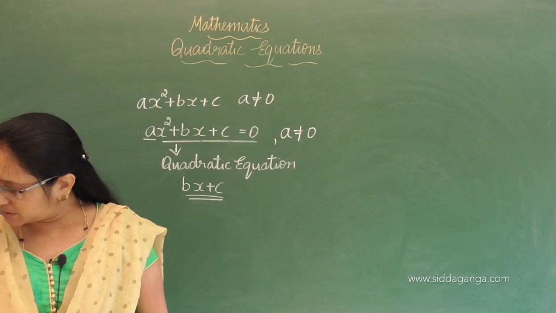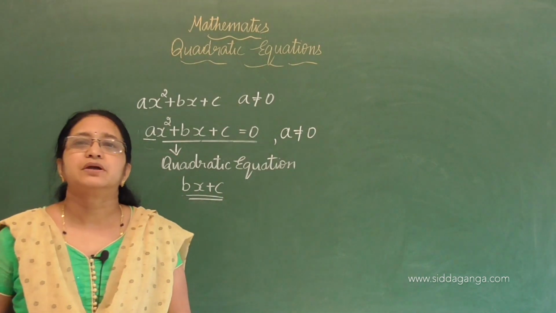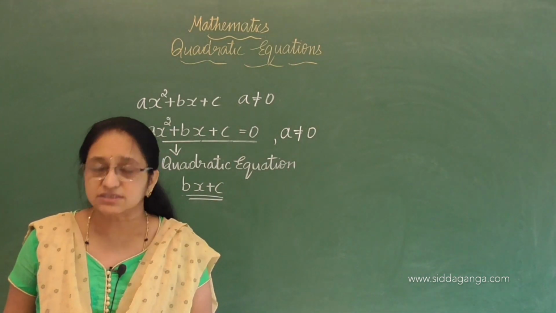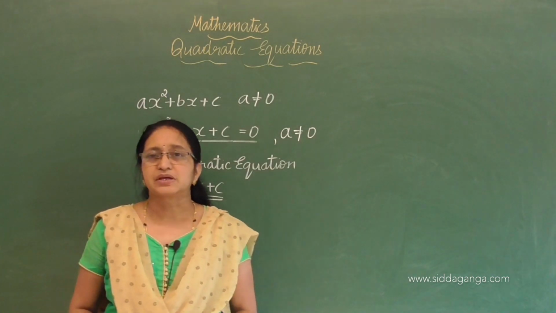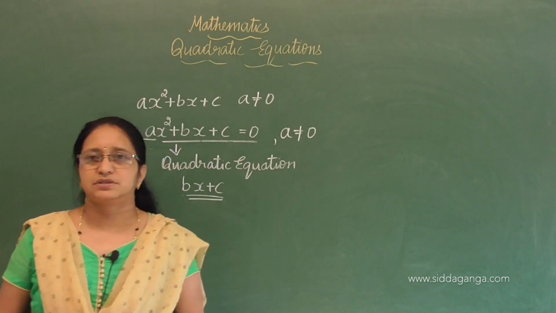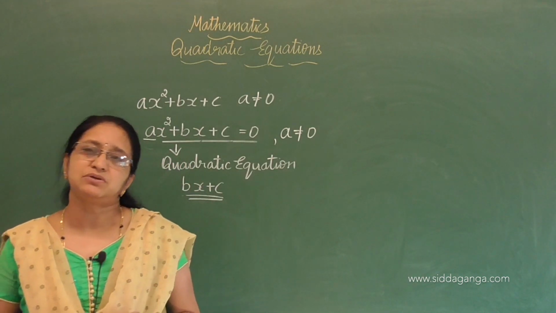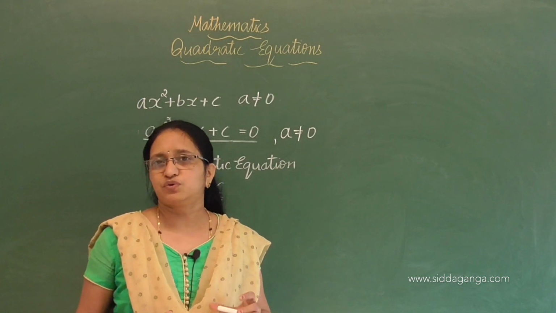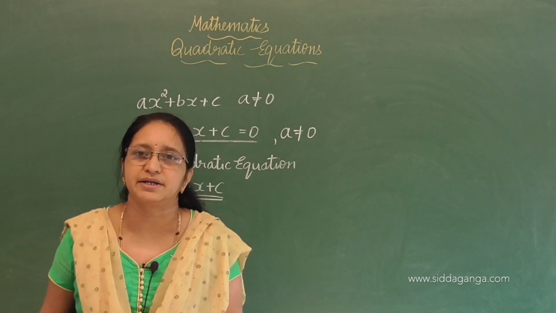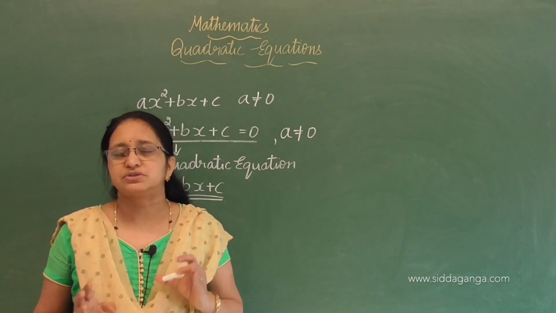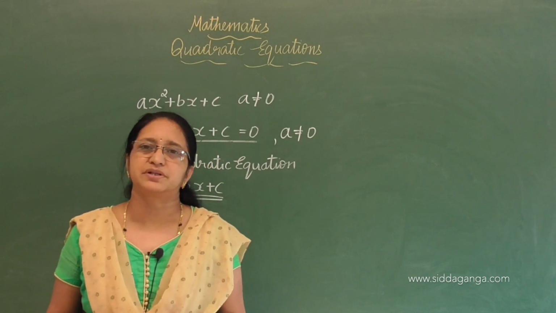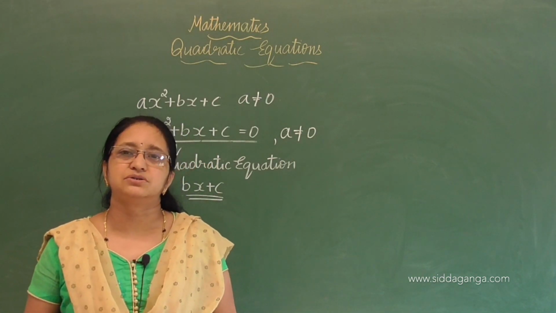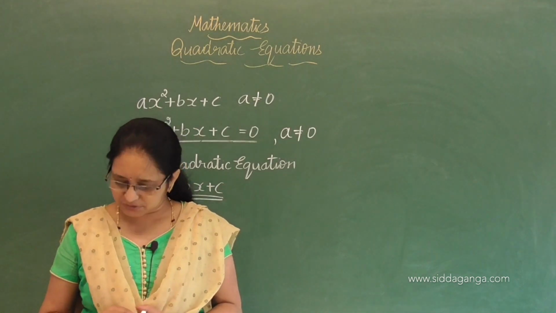Before we go deep into this quadratic equation, let us find out the history of the quadratic equation. Many believe that Babylonians were the first to find the solution of the quadratic equation. They were ancient mathematicians who were the first to find the solution.